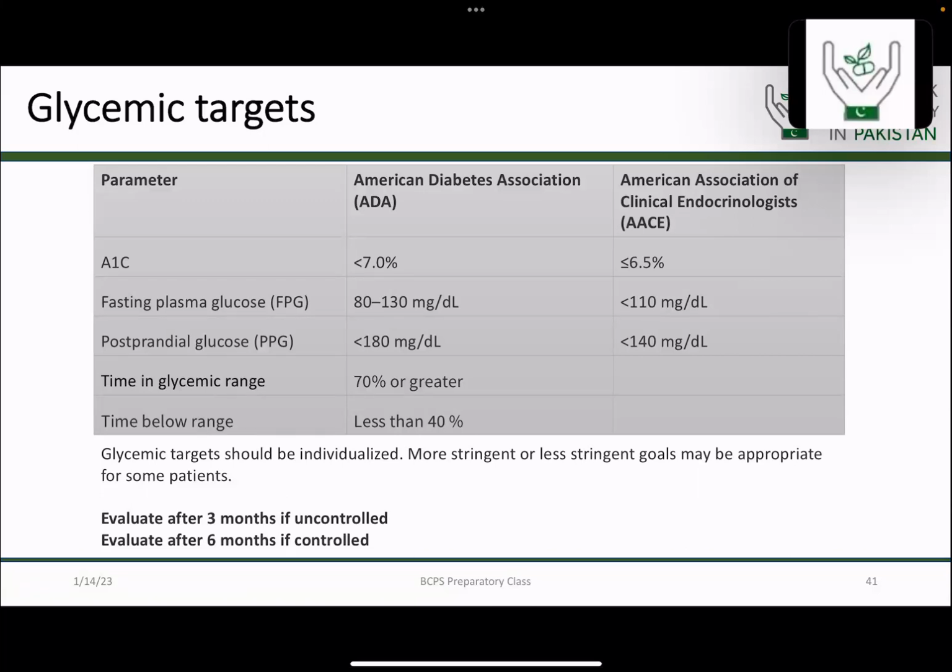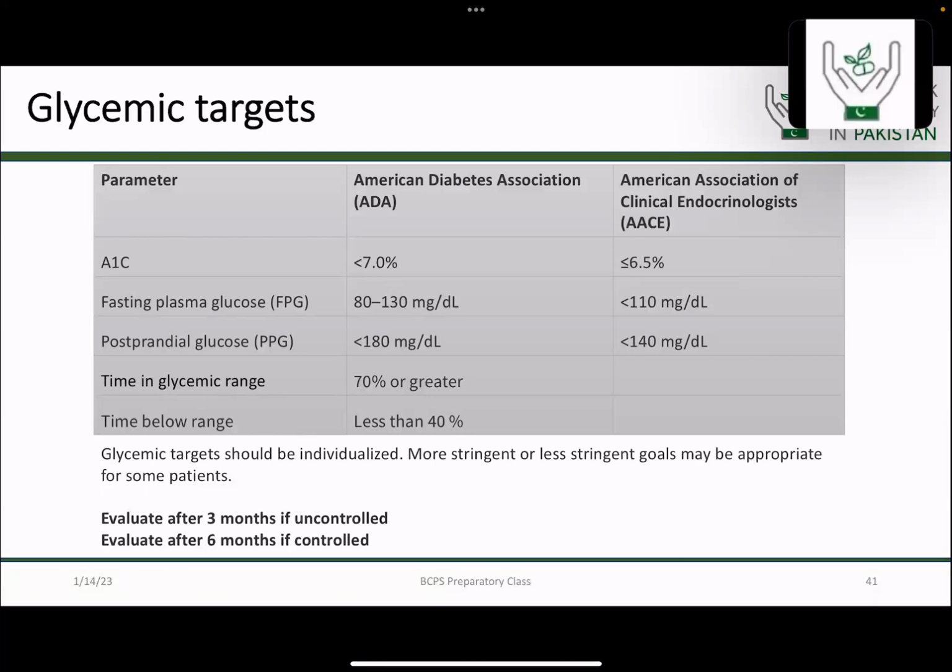If the targets are not achieved or the levels are uncontrolled, you should evaluate these parameters after every 3 months. And if there is control on the glycemia, then the patient can be evaluated after 6 months.